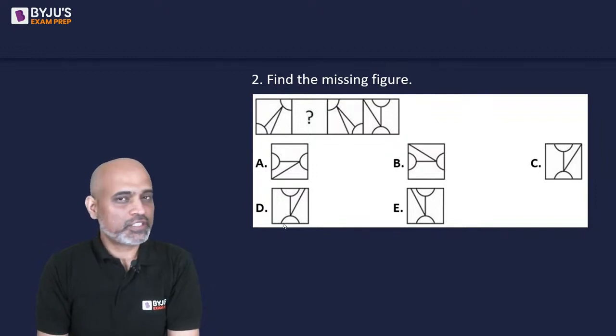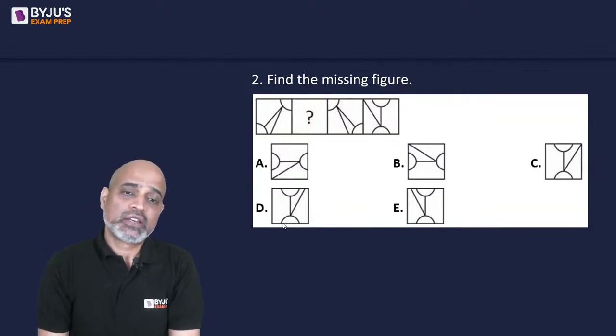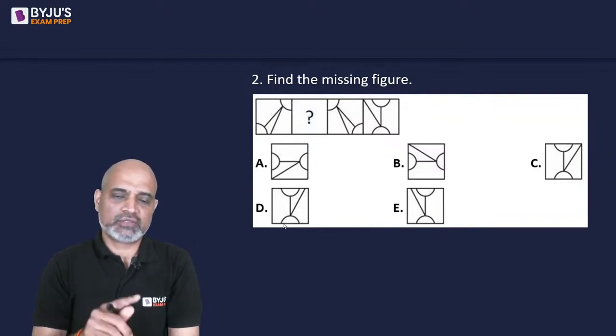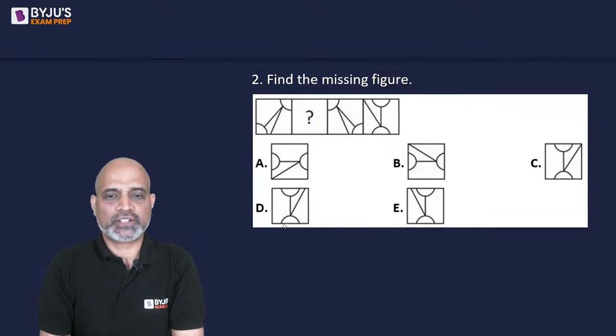Then the missing figure we have, then we have two quadrants or two quarter circles on the northwest and southeast. And then we have again, now we have two semicircles on the north and the south. So what should have happened such that the figure goes from there to there? क्या हुआ होगा, क्या पैटर्न रहा होगा?